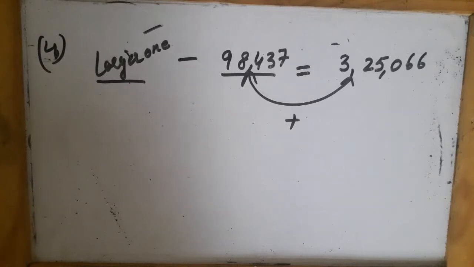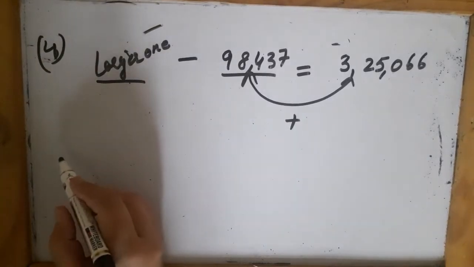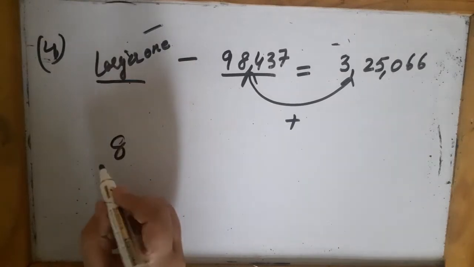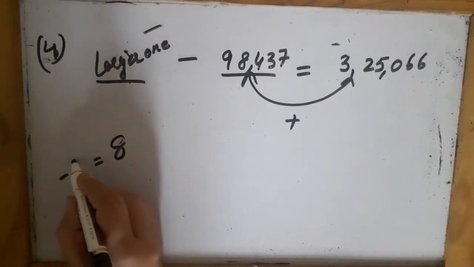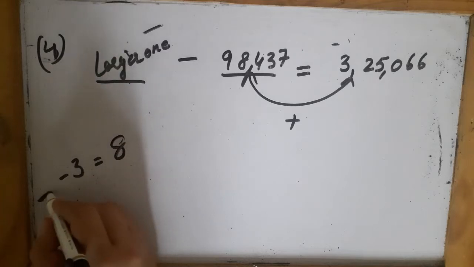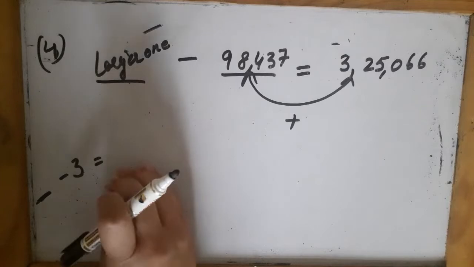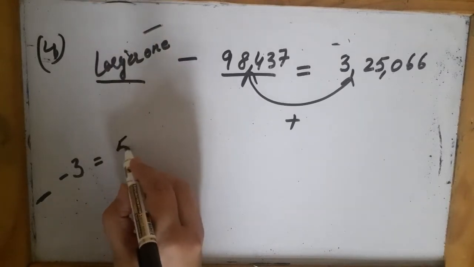If I give you an example, take an example of smaller numbers. I'll say the difference of two numbers is 5.